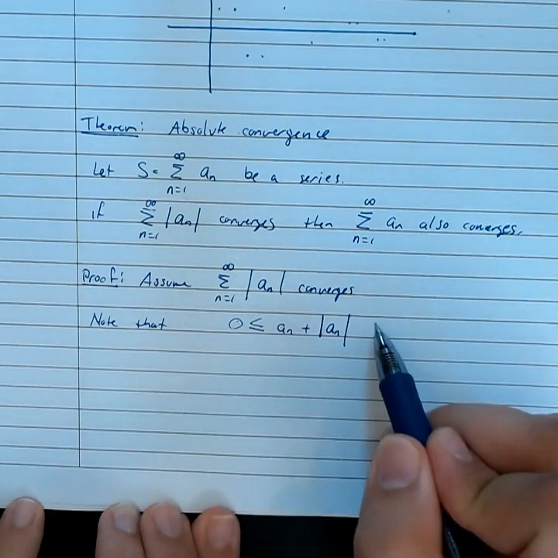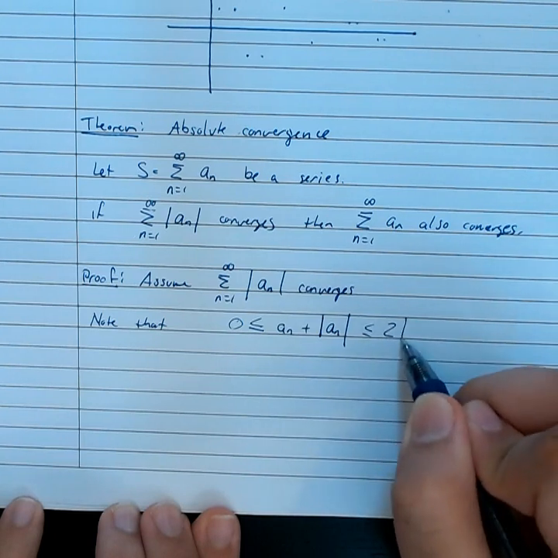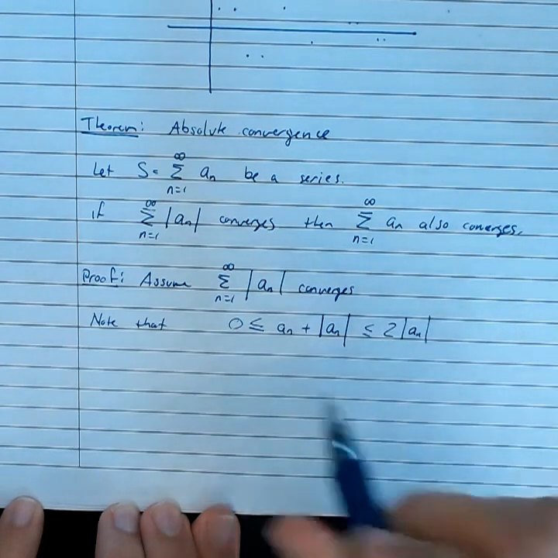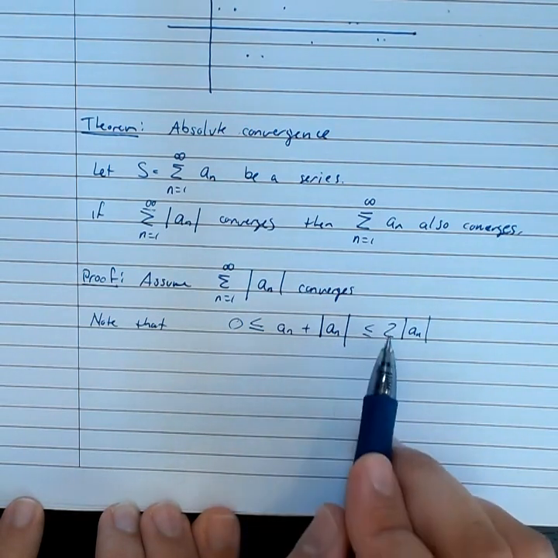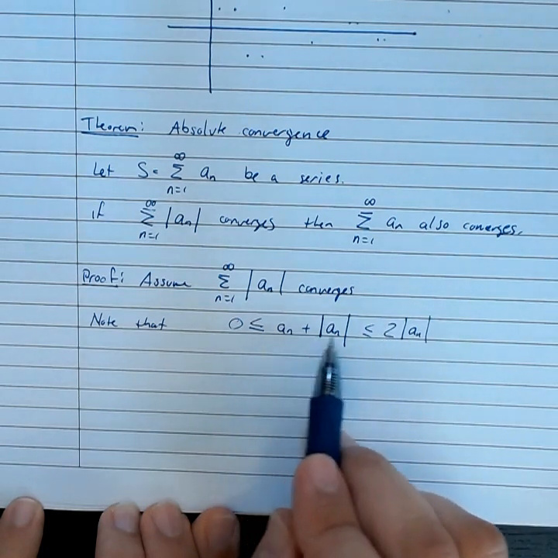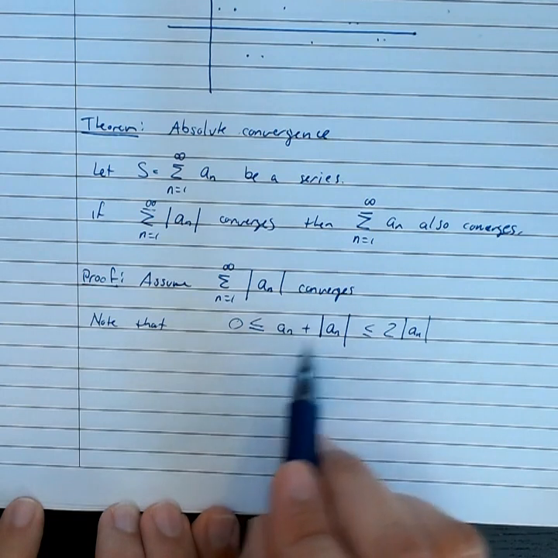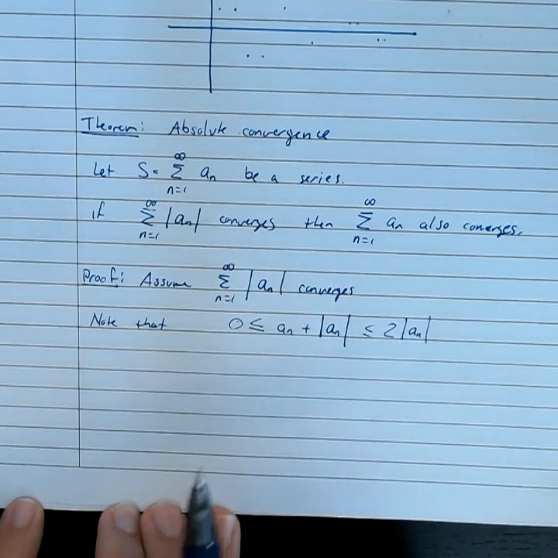Notice that the biggest that these can get is going to be double the absolute value of a sub n. Because again, if this is positive, then so is that, and they add together, which gives me double the amount. But if this one's negative, then they cancel each other out, and so I get either this or something less than this.